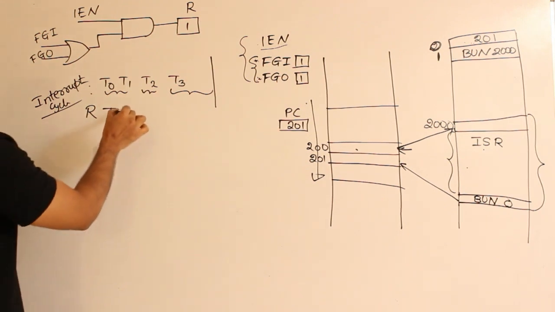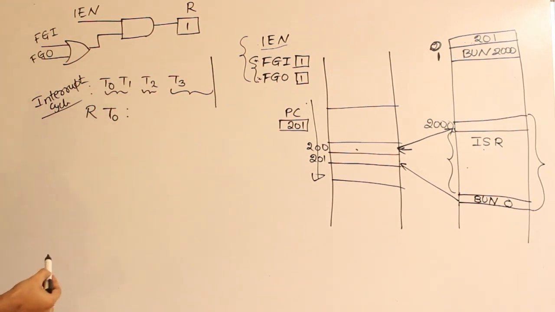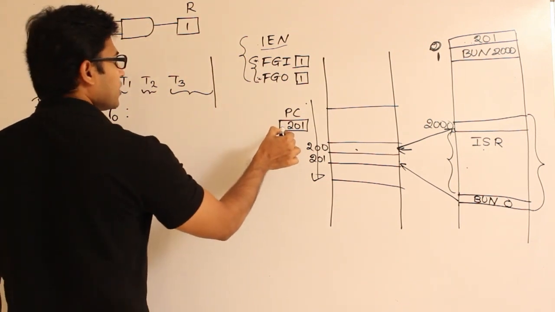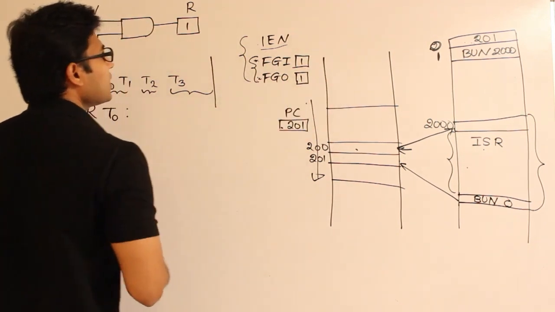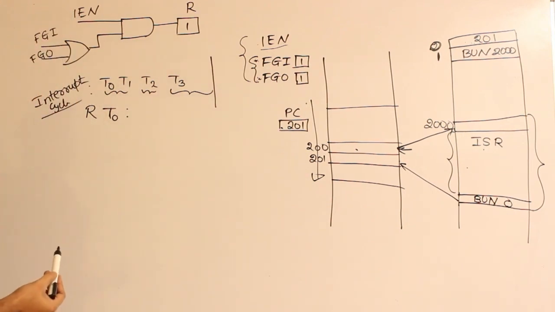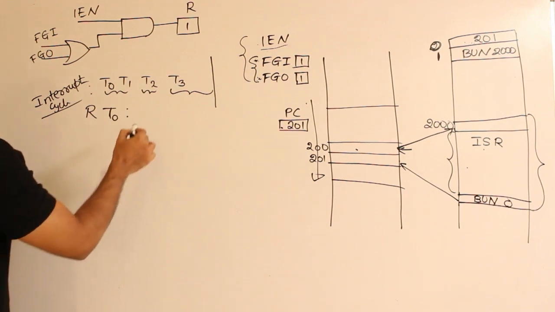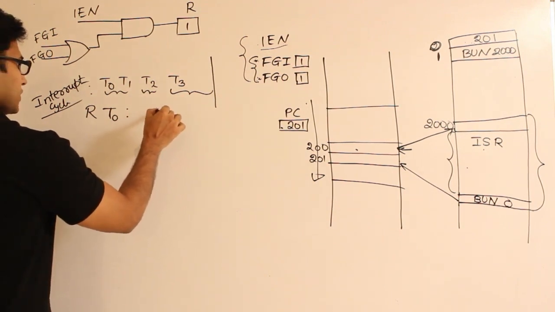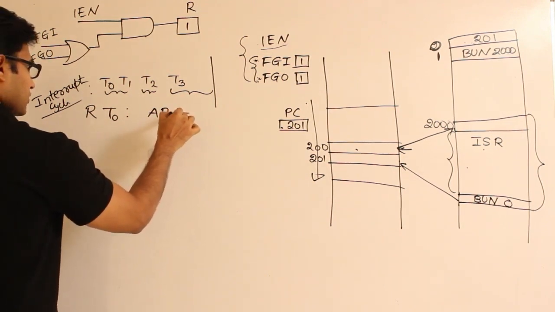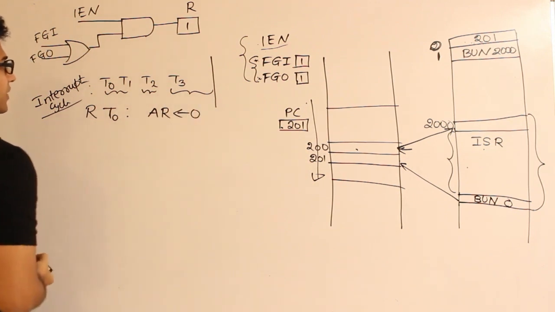Now what are the actions that you want to perform? One action that I want to do is, whatever is present in the program counter, I want to store it in the memory at location 0, right? For that reason I have to initialize AR. What is AR? Address register. So the address register has to point to 0. It is nothing but clearing the address register, right?